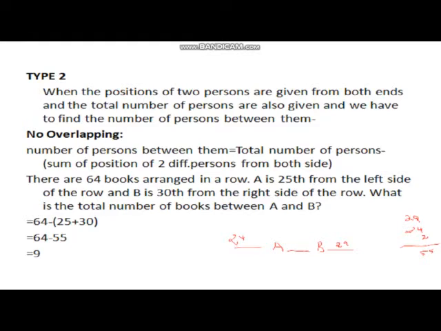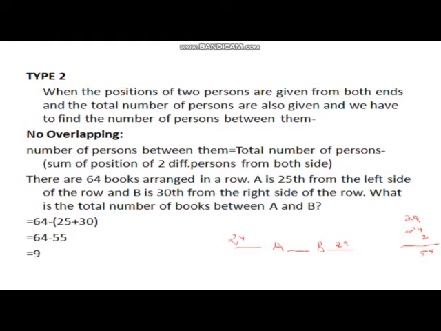Next we'll see the type 2 question. Here there are two cases: no overlapping and overlapping. The positions of two persons will be given and the total number of persons will also be given. We have to find the number of persons between them. In the first case, 64 books are arranged in a row. A is 25th from the left side of the row and B is 30th from the right side of the row.